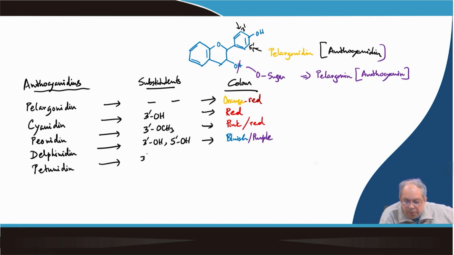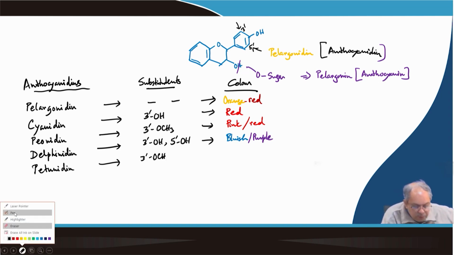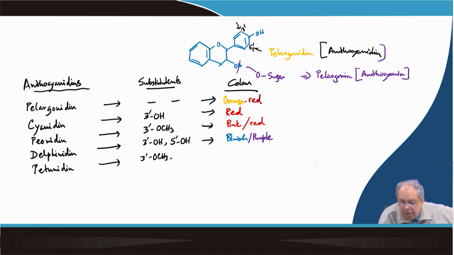Petunidin 3 prime will be OCH3 and 5 prime will be OH.